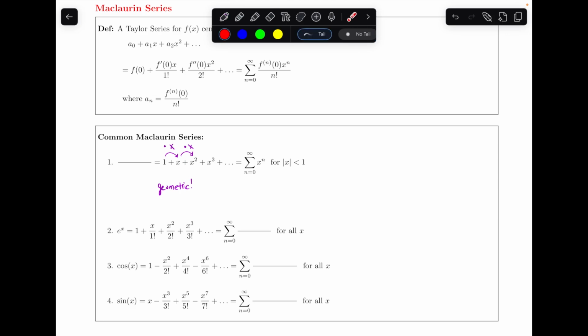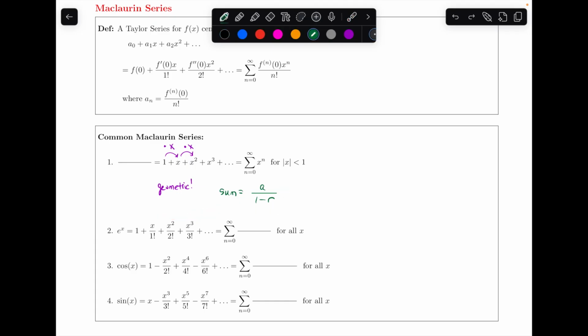And we've seen before that a geometric series converges as long as this common ratio, its absolute value, is less than 1. And when that happens, the sum formula is a over 1 minus r, where a is the first term, and r is this common ratio. So if I use that sum formula, I get an expression for what this equals.